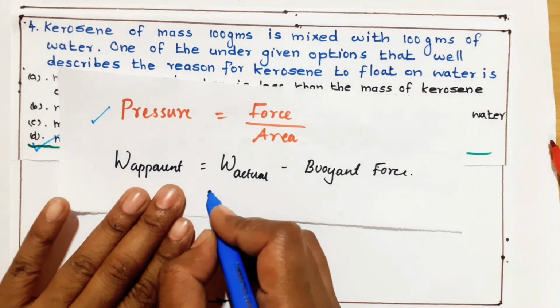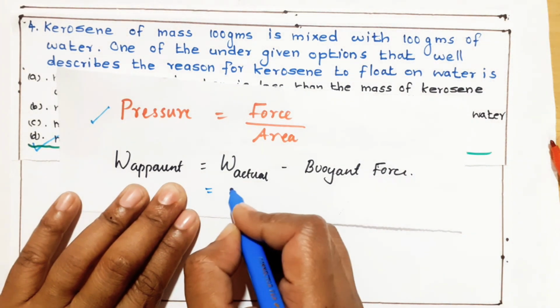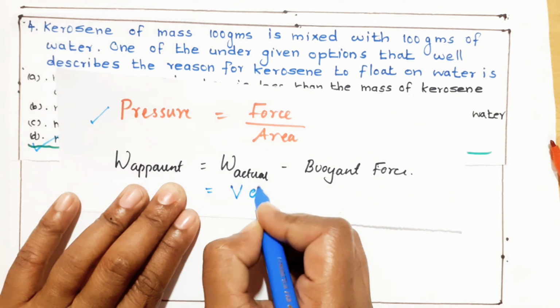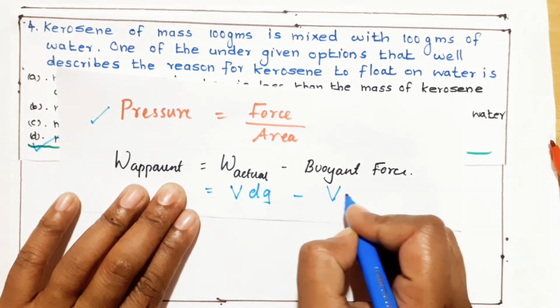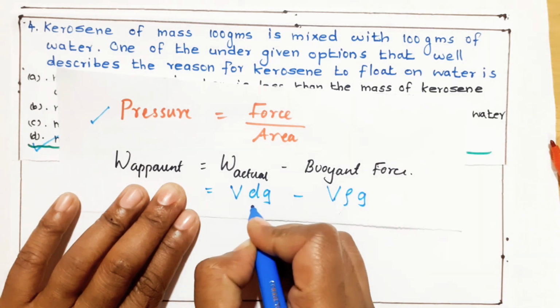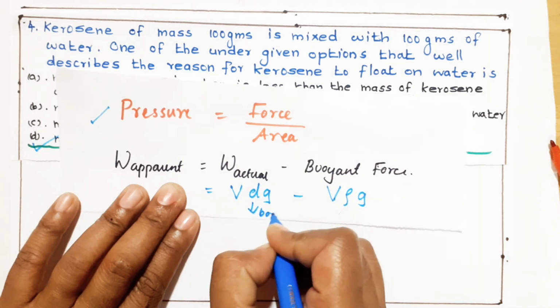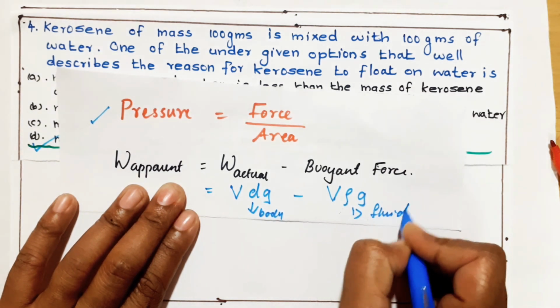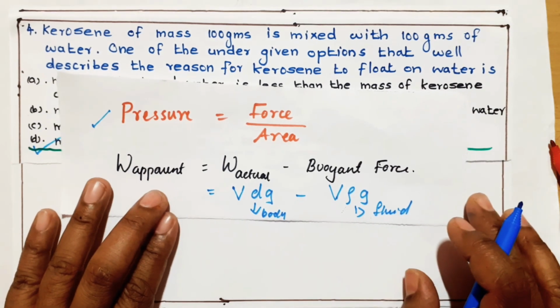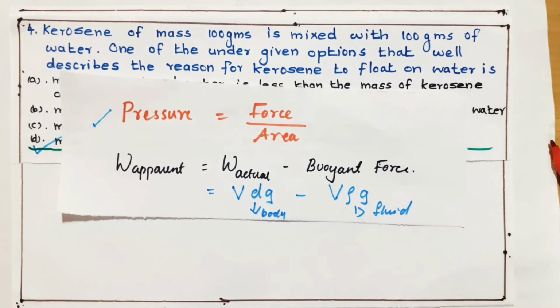And I told you one more thing: actual weight we can write as VDG, and buoyant force as V rho G, where D is the density of the body and rho is the density of the fluid. Clear? Watch all the videos on force and pressure so you will get better clarity.